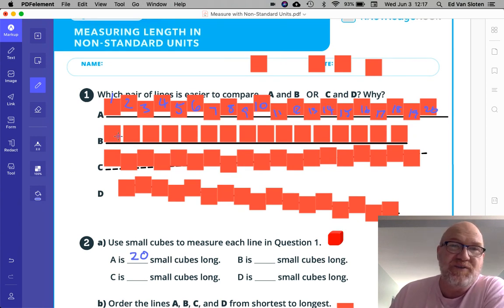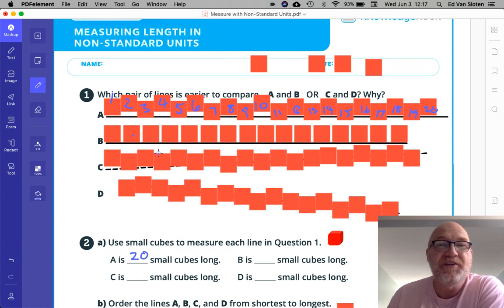What I was doing is I was leaving a distance between the cubes so that you could tell that they were separate cubes. But really, if I just go up and down, you can tell that they're separate cubes.